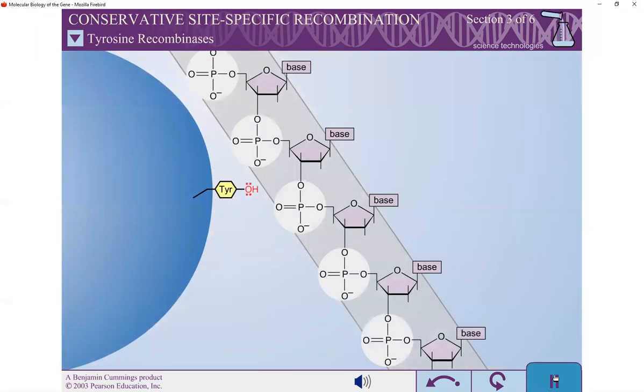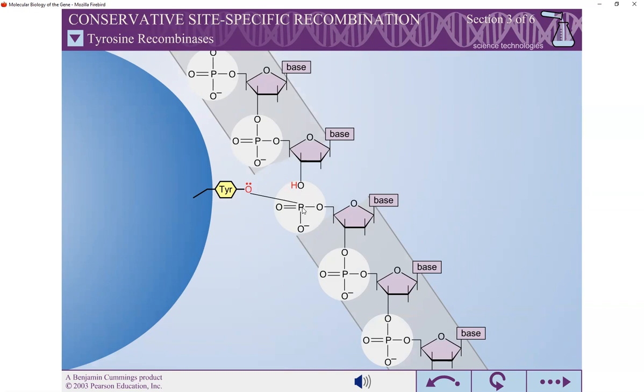Look here. The mechanism of action of the tyrosine recombinases is very similar to that of the serine recombinases, except a tyrosine side chain is involved in the cleavage reaction. Tyrosine recombinases function exactly like the serine recombinases, the only exception being that whenever you talk about tyrosine recombinases, you have to remember that they will use the tyrosine amino acid to cleave the phosphodiester backbone.